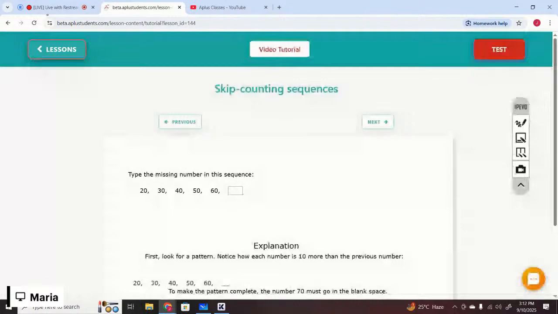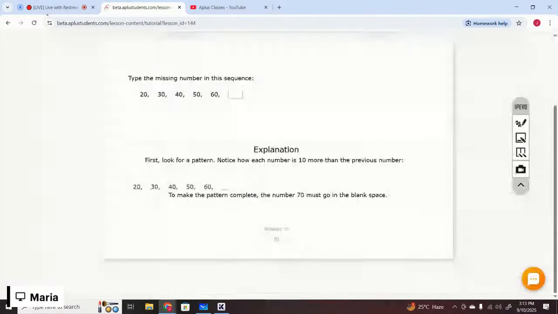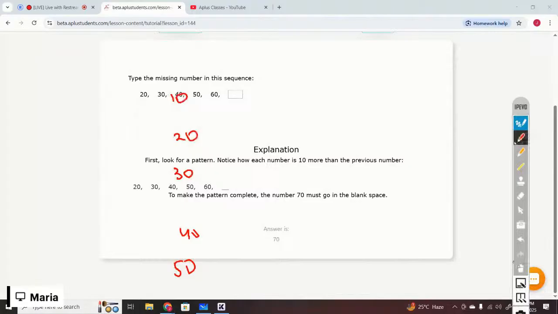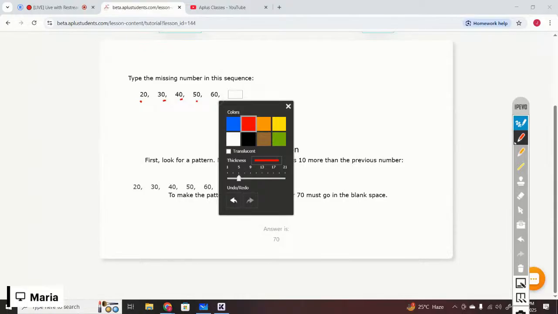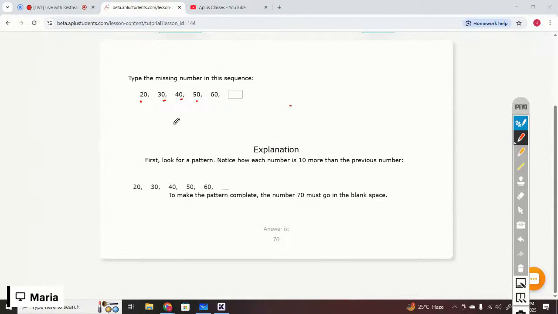Type the missing number in the sequence. 20, 30, 40, 50, 60. So we have to look at the pattern. We need to see how the pattern is increasing.